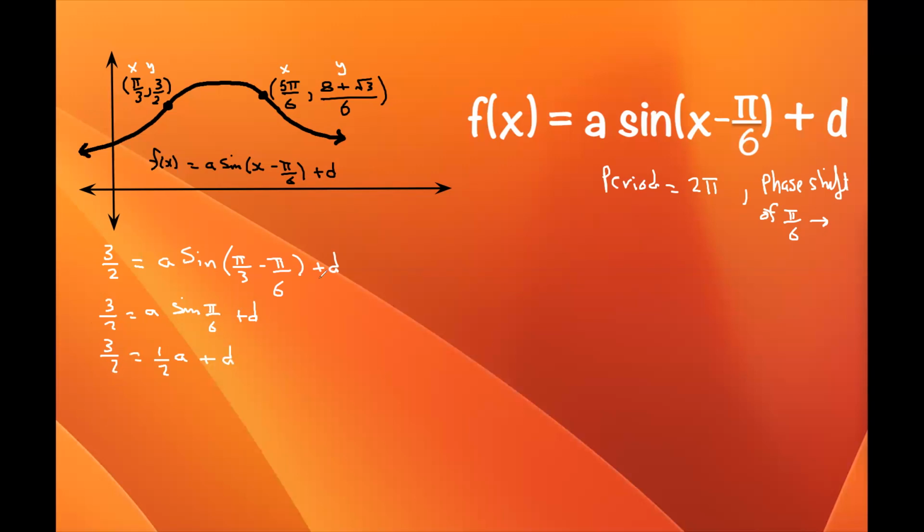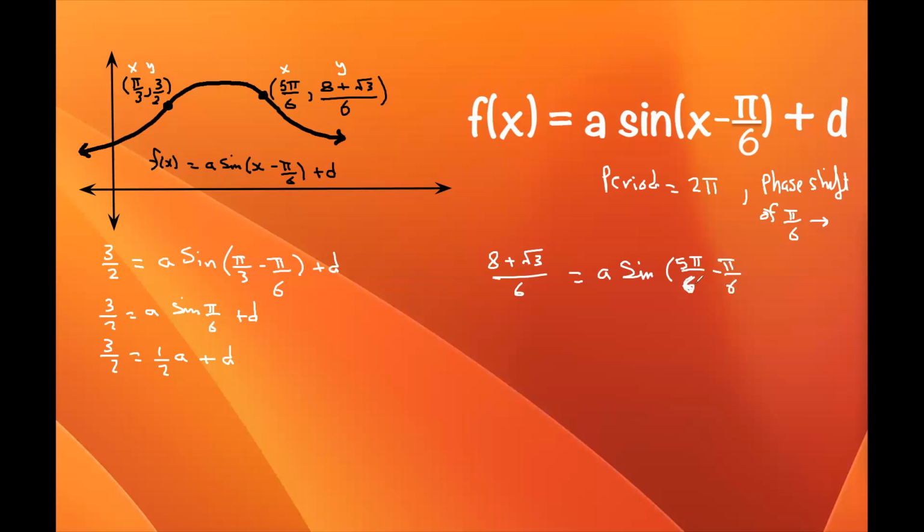Now that's as far as we could go with this. Let's go to this point right here and plug it in. So the second point, which is the 5 pi over 6 and 8 plus root 3 over 6. We sub it in. So y is a big equation equals A sine 5 pi over 6 minus pi over 6.